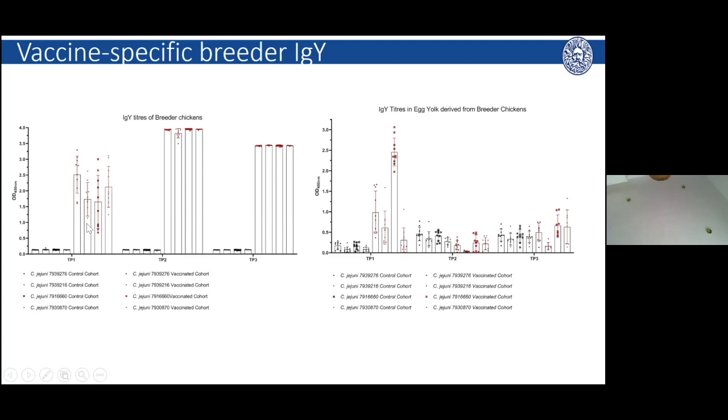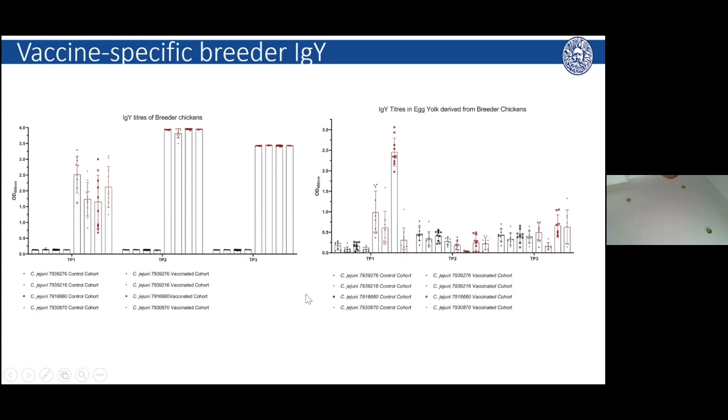So red are the vaccinated breeder blood, and the black are from the control cohort, and each bar represents one of the 4 strains included in the vaccine. So the breeder blood is a really good result. We can see clearly that there's much more antibody found within the vaccinated cohort rather than the control cohort. So that's a result that we expected and wanted.